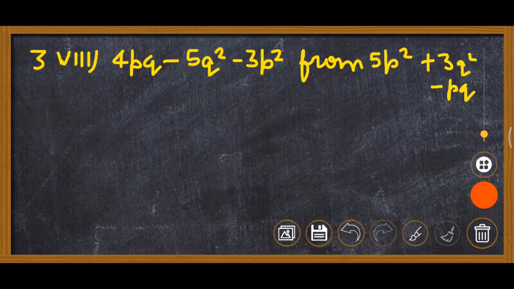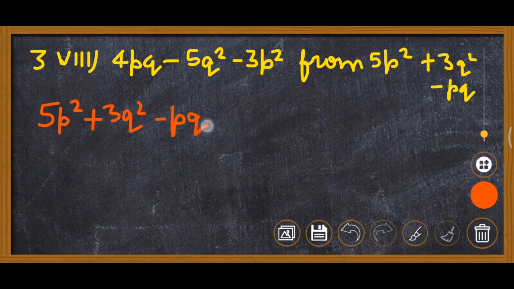Now this is the eighth part. Now we will subtract this 5p square plus 3q square minus pq, then the minus sign, and we will write this 4pq minus 5q square minus 3p square.